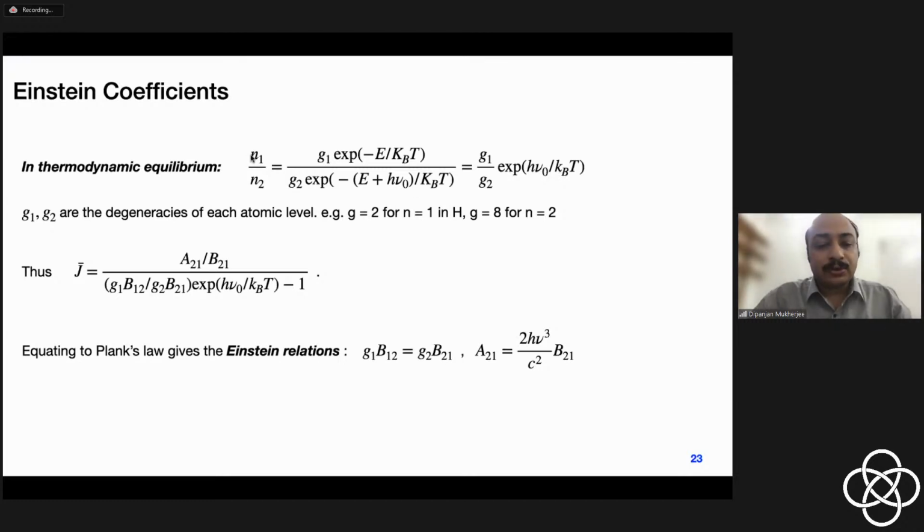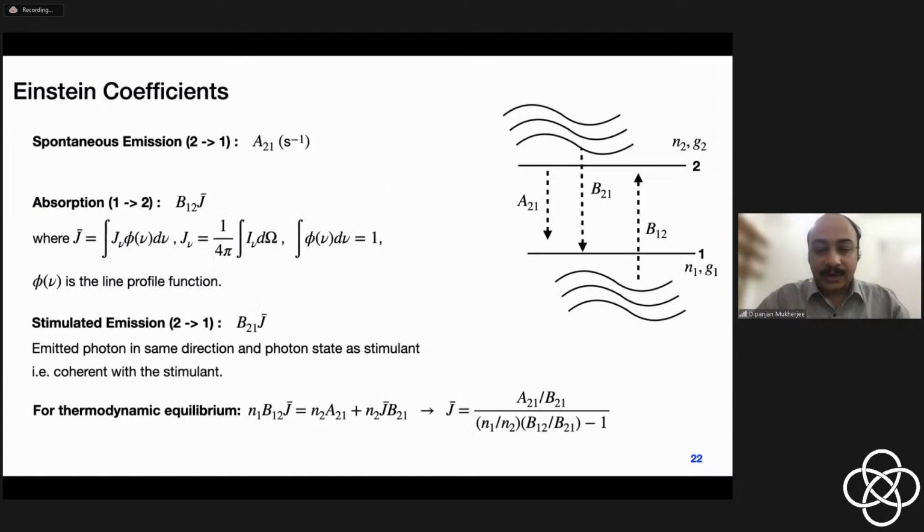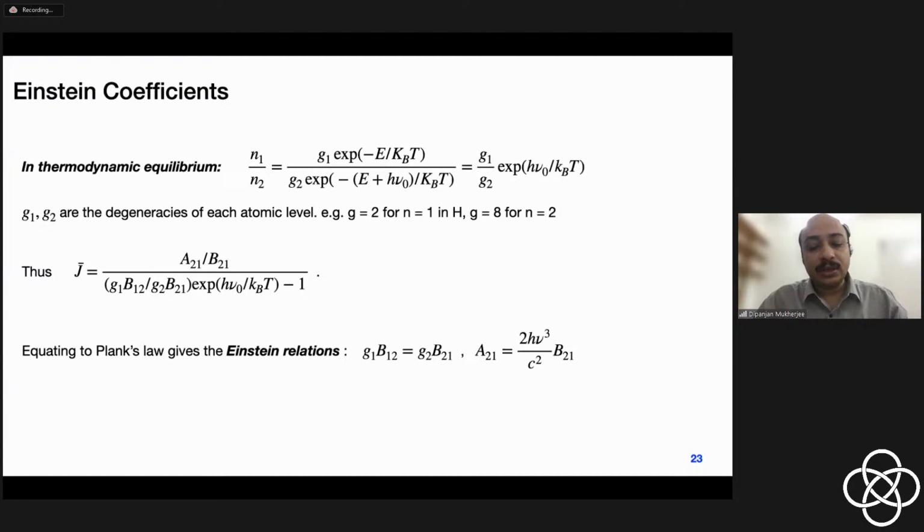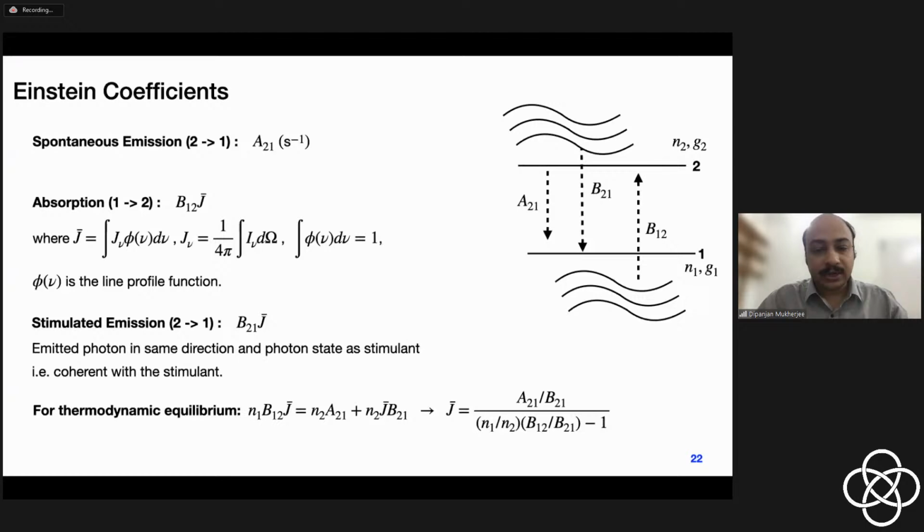Now, if I go back to my previous slides, you can see that there's an N1 by N2 factor here, which is the ratio of the number densities of atoms in state 1 and state 2. You can now use this expression to replace it here. And you can see that this expression is extremely similar to the expression of the black body radiation density.